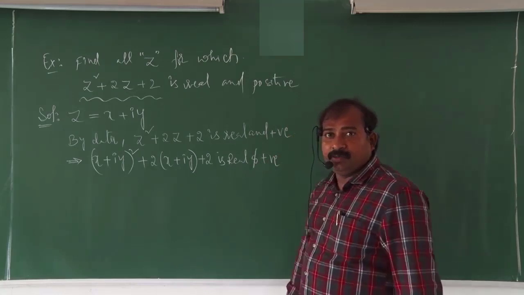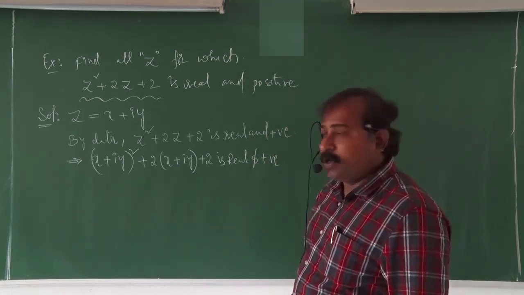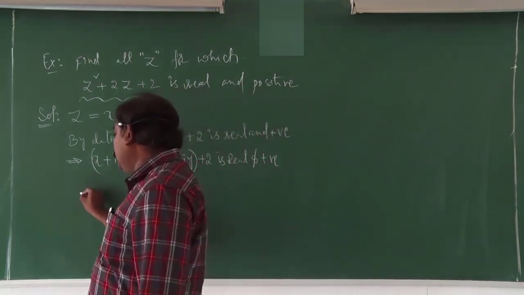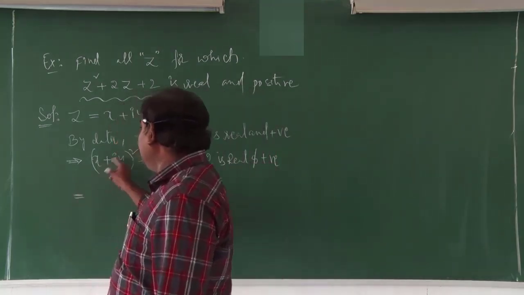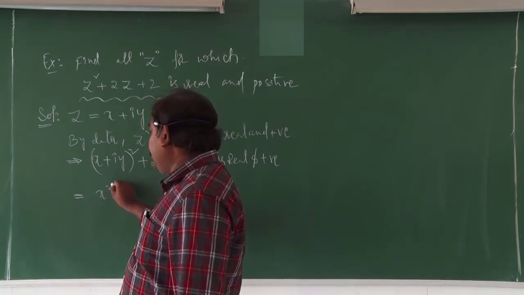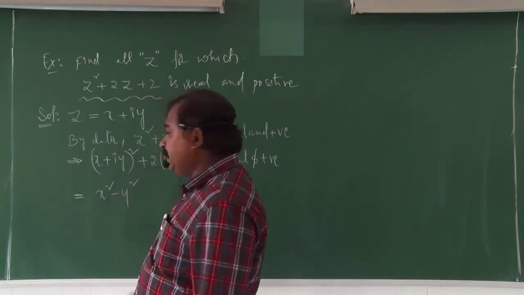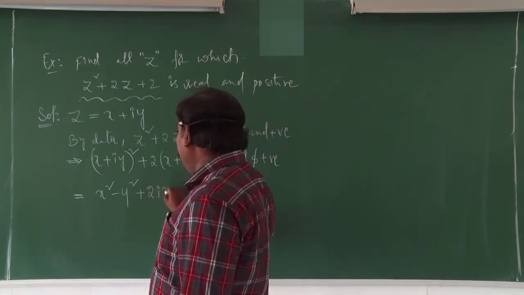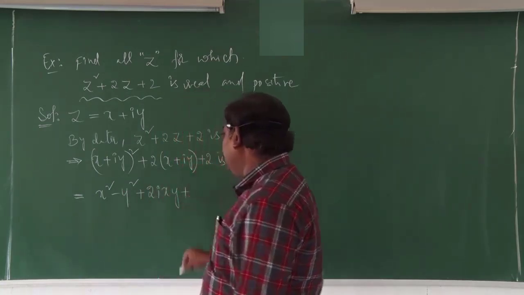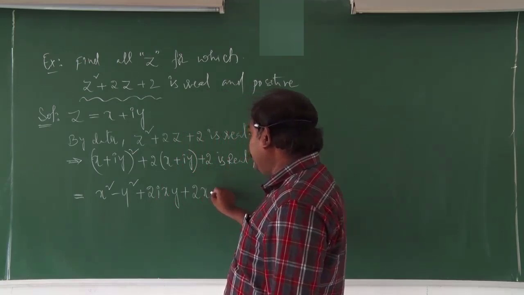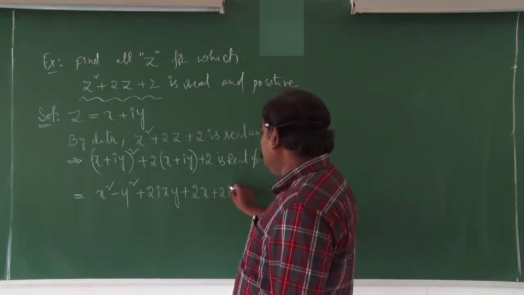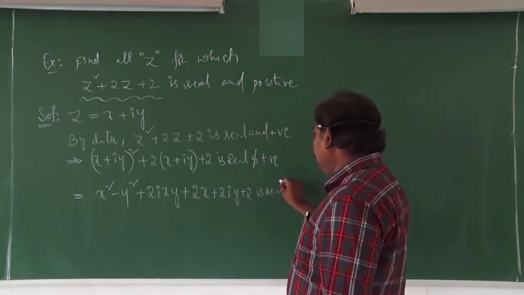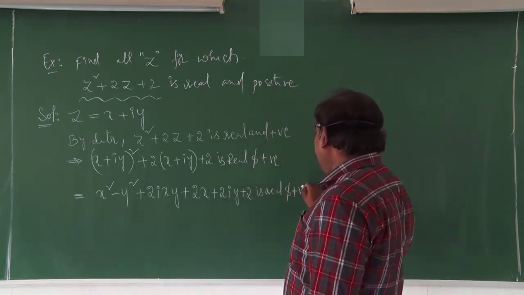Then simplify the whole value. If you expand this value, x square minus y square plus 2 iota xy plus 2x plus 2 iota y plus 2 is real and positive.